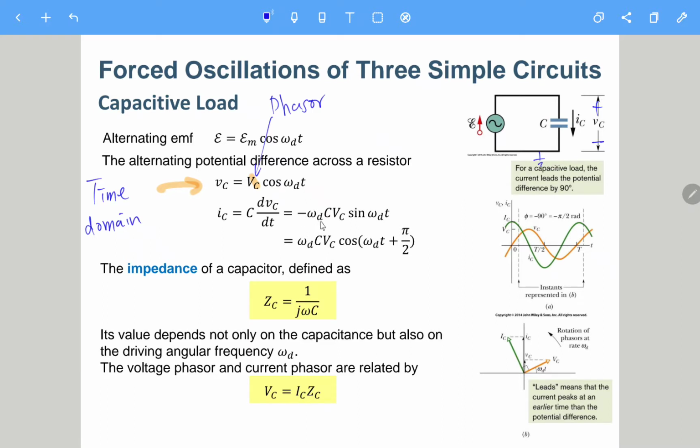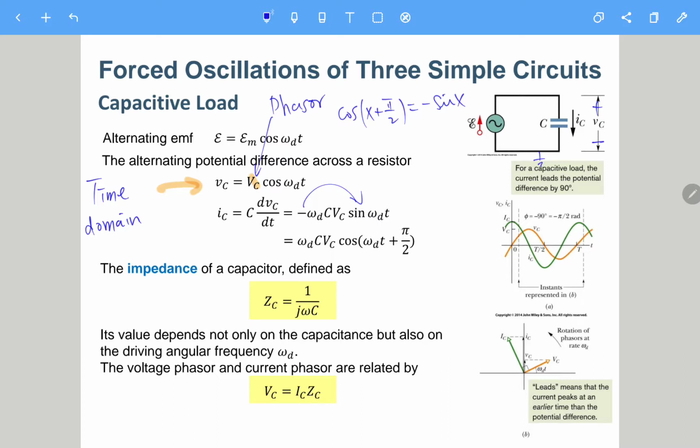So we have a negative omega d, times C, times VC. Then we try to put this back here and convert it back to cosine. In high school trigonometry, you know, cosine of x plus pi over 2 is negative sine x.